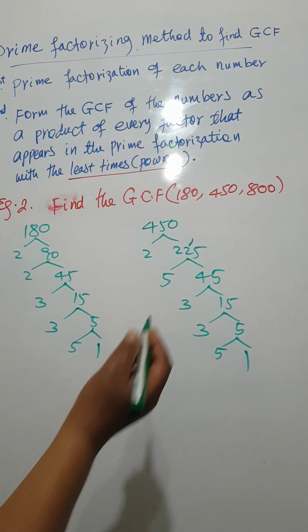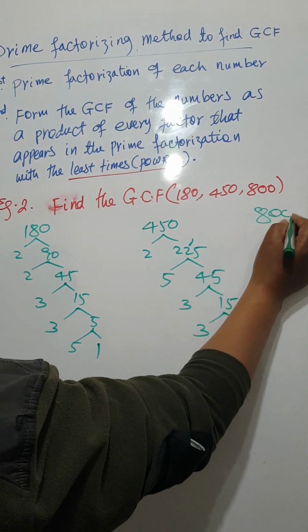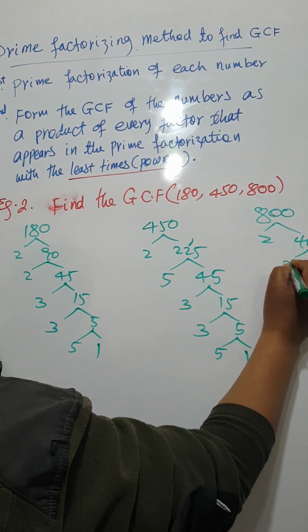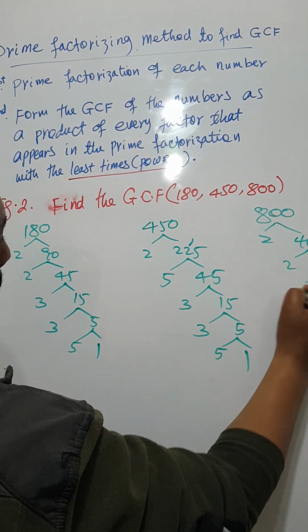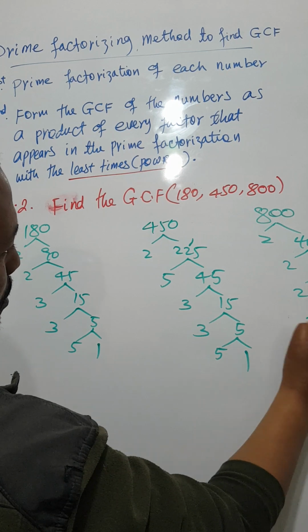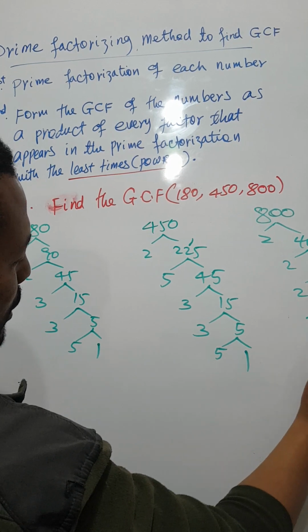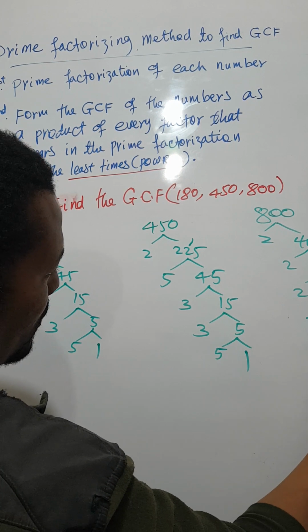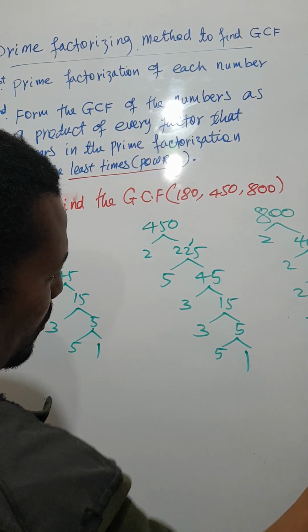And 800 can be factorized like this: 400, 200, again by 2, 100, by 2, 50, by 2, 25, then by 5, then by 5, 1.